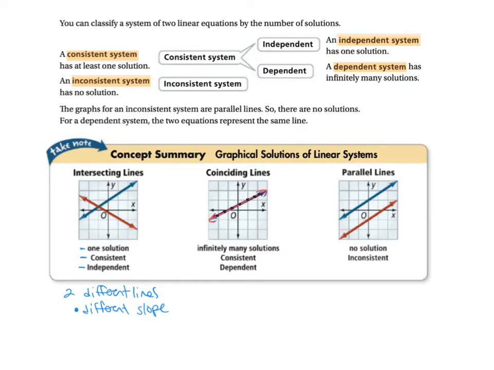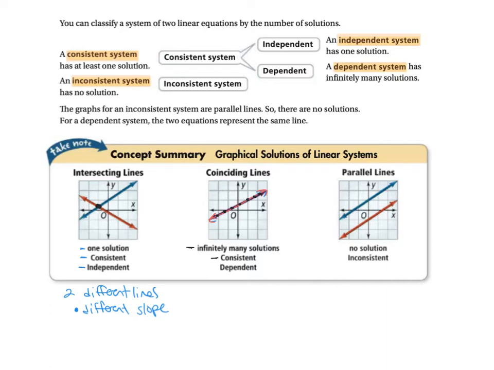Our independent system only had one solution. The two lines with different slope only touched at one point. But if you graph the same line on top of itself, it will have an infinite number of points that are solutions. So we say infinitely many solutions. It's still a consistent system because it has at least one solution. It has a lot more than one.